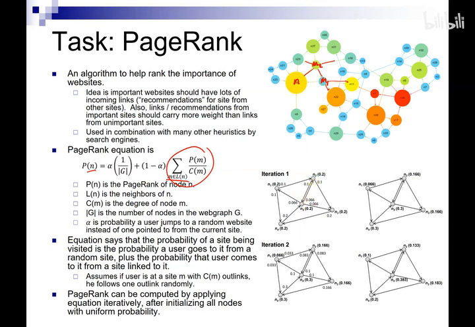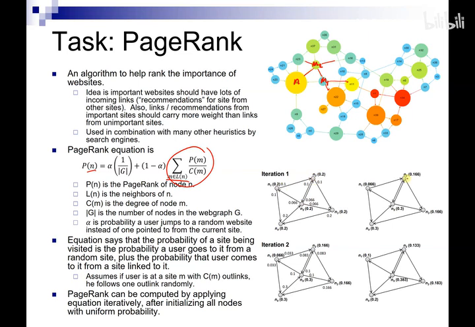Then on the second iteration, the probability that you're going to be at a particular node is going to be the sum of all of these incoming probabilities. For example, over here, I've got a 0.1 probability that someone at N1 is going to go to N2, and there's also a 0.066 probability that somebody from N5 is going to come to N2.